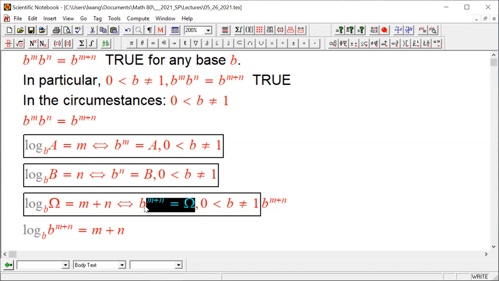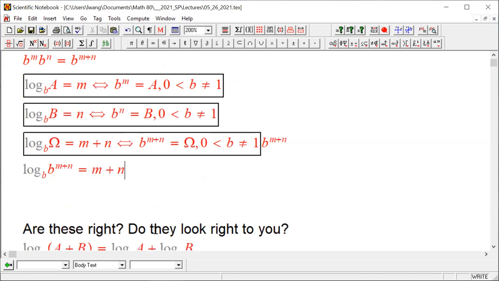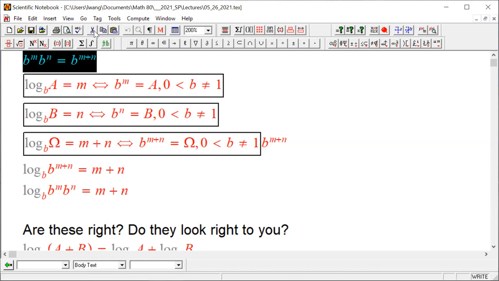I also know this piece will lead me to the next one, because b to the power m plus n is equal to b to the power m multiplied by b to the power n, right? We know that, didn't we?